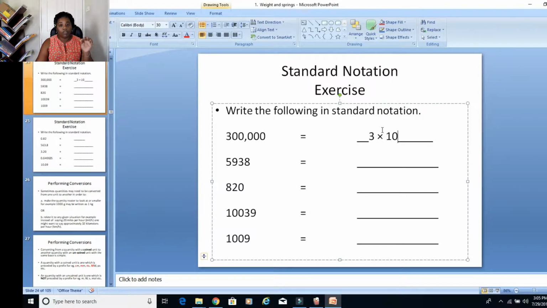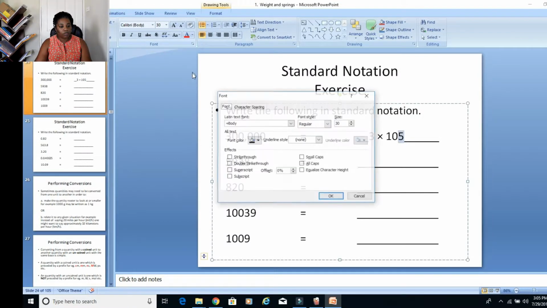If you have to move to the left to get a whole number, then your exponent will be positive. So in this case, the exponent was 5, and we're going to raise it up.